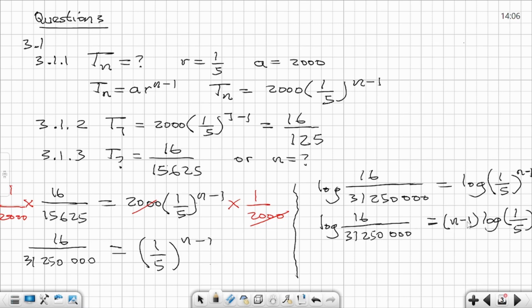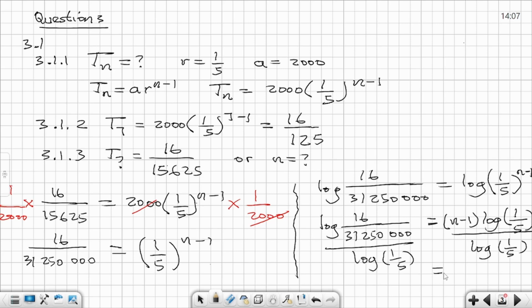So we want to remain with n minus 1 only on the right side. What we can do is divide by log of 1 over 5 on both sides. So this and this will cancel, and then we're going to remain with n minus 1. So I also divide on the left side.